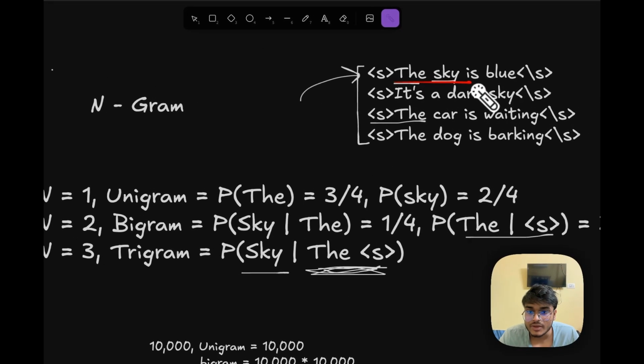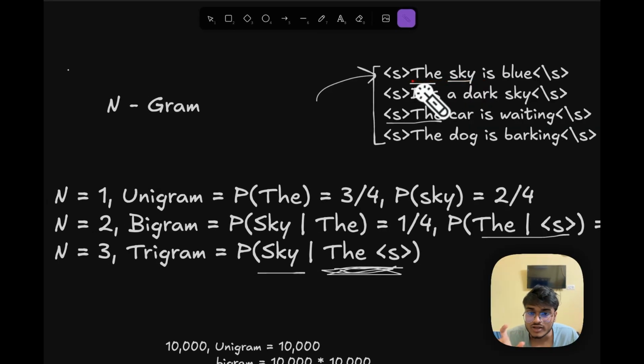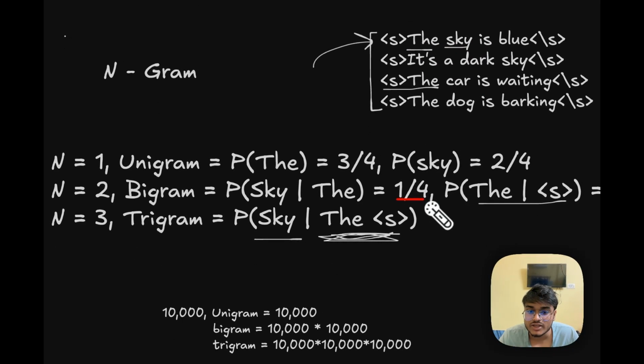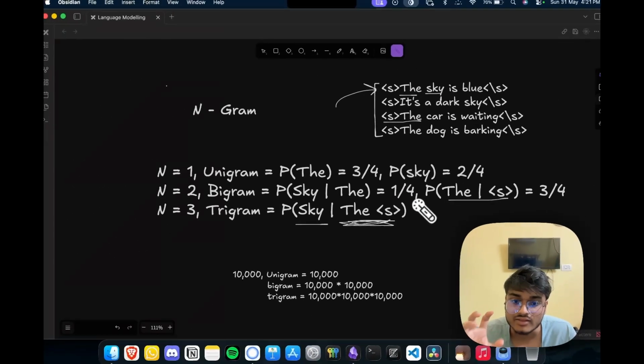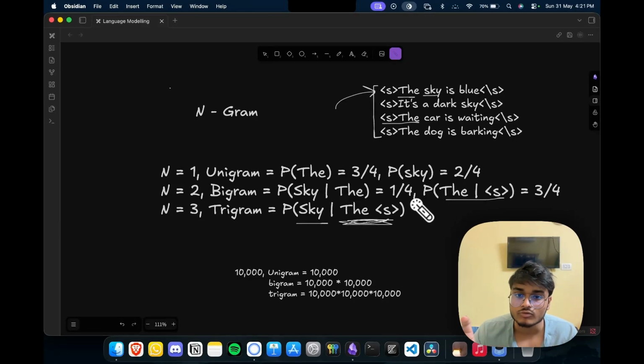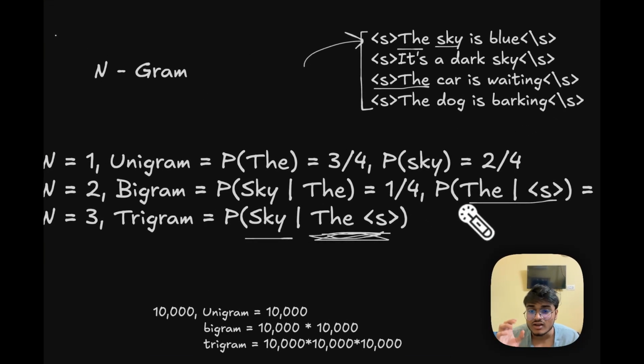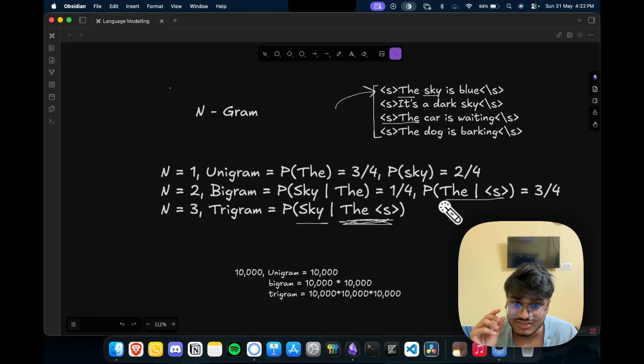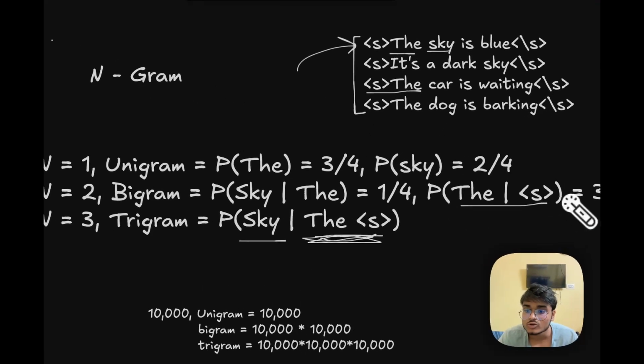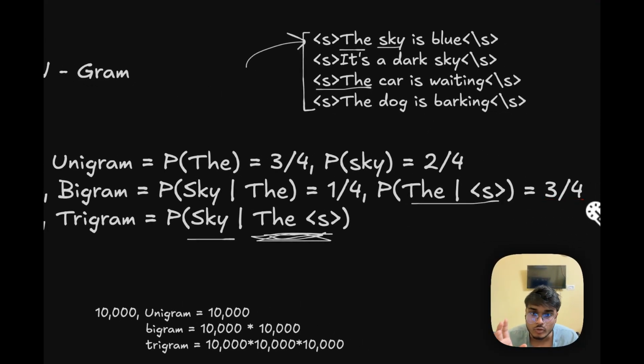It appears only one time. So the probability will be 1/4, as 1 is the count and 4 is how many sentences there are. Similarly, how many times "the" comes after the start of the sentence? It comes 3 times out of the 4 sentences. So we are putting 3 divided by 4.